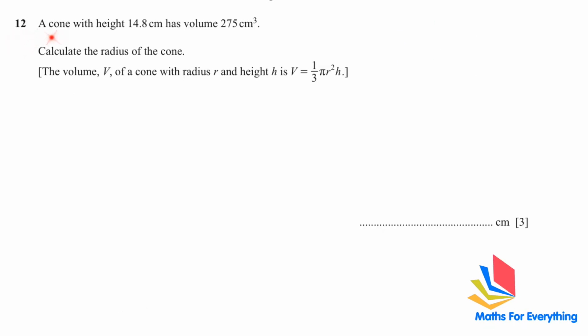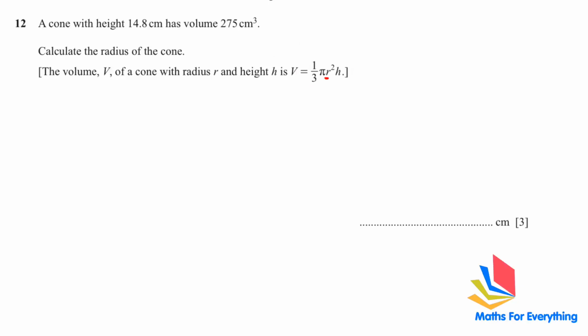Question number 12. A cone with height 14.8 centimeter has volume 275 cubic centimeter. Calculate the radius of the cone. The volume V of a cone with radius r and height h is V equals 1 over 3 pi r square h. So we already know the formula. And what do you want to find?